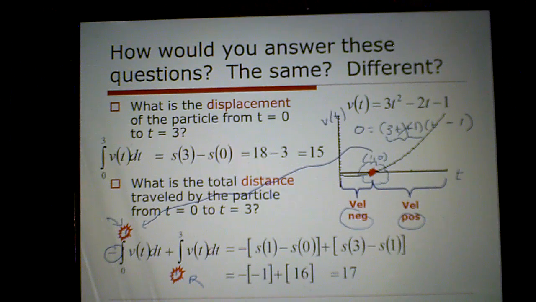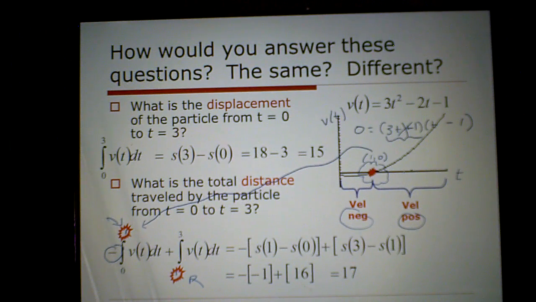So let's pretend this is a left-right issue. After time equals 0, the particle was going left, then turned around and went right. So the displacement is 15, 15 units from start, because this particle went left 3 units, then right.